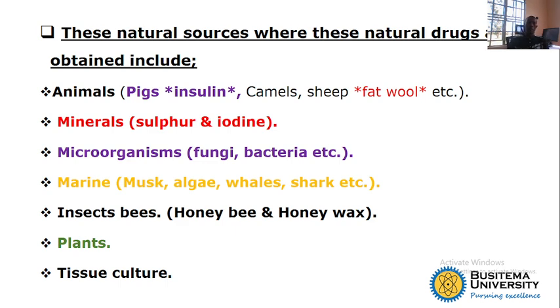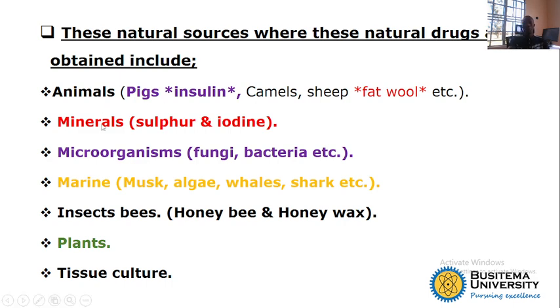Those are basically 7 sources of natural drugs. For example, with animals, if we obtain the pancreas from pigs, or porcine, we obtain insulin. If we use sheep, we obtain what we call the fat wool. The fat wool is a good source of medicine used in human medicine to treat measles.